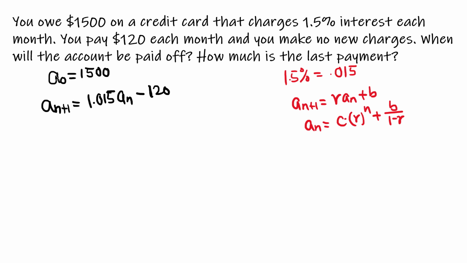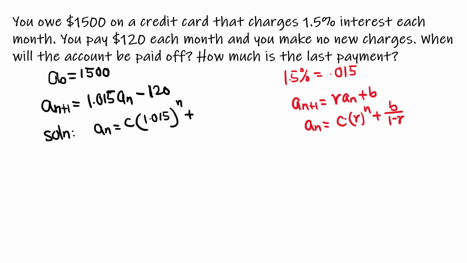Here A naught is 1500. Okay, so from this one now we can write down the solution, that is the balance at each month, and at the nth month, n could be 1, 2, 3, 4. The balance is given by C, R is this number, 1.015 raised to N plus B over 1 minus R.